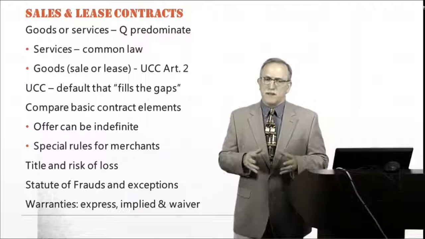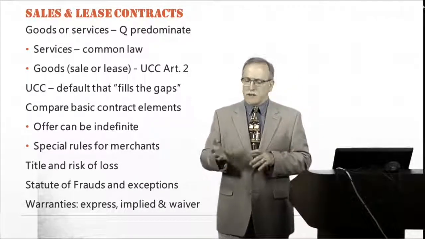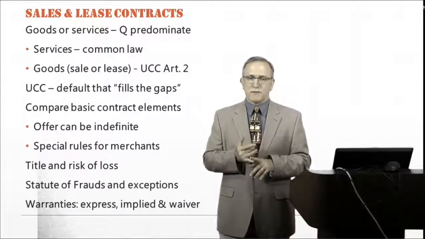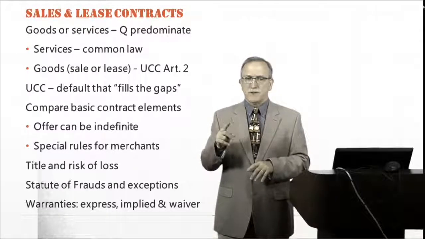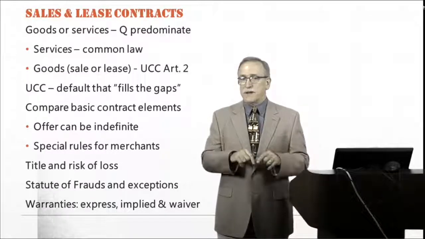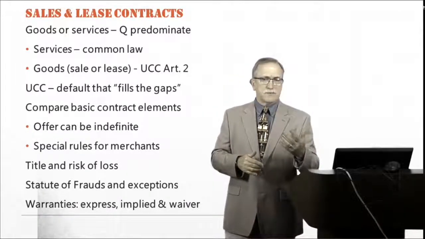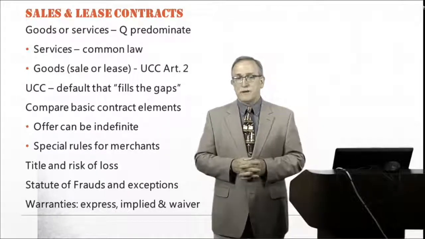That brings up another point. When you're analyzing a contract, not only do you ascertain whether the predominant purpose is the sale of goods, you want to make sure up front you identify if there's a merchant involved. Now, merchant is defined in the Uniform Commercial Code and in your book. And this is a person who normally deals in the goods or has some expertise in that particular good.